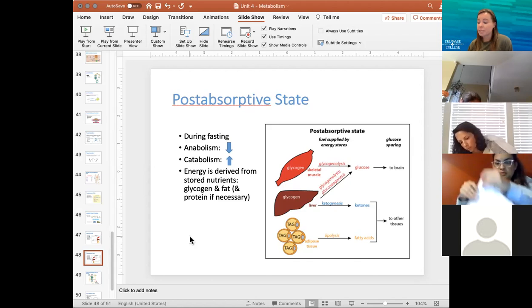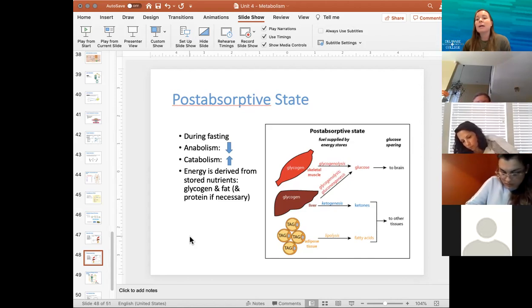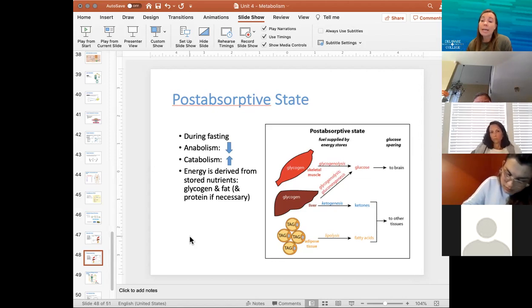for the absorptive state. So at this point, instead of all the genesis and synthesis reactions, you're basically breaking down your stored nutrients. So glycogenesis, are you making new glycogen at this time? No, you don't have glucose to make it out of. So no, that's not happening.